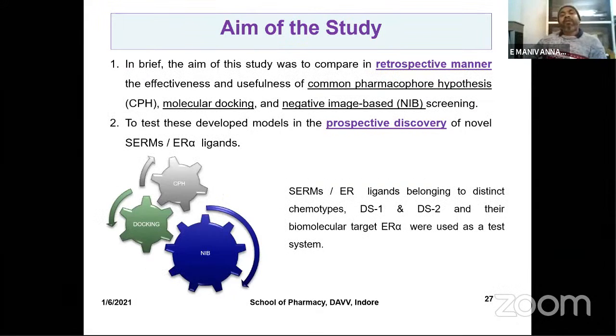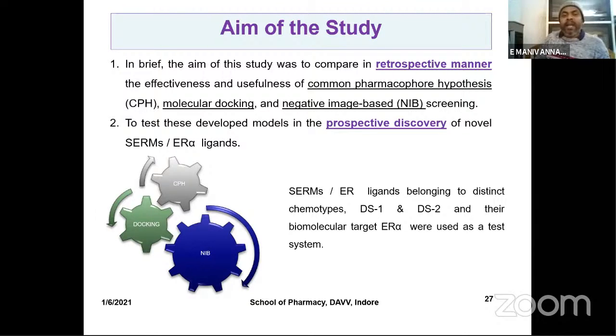The aim of our study is, first, to compare in a retrospective manner the effectiveness and usefulness of common pharmacophore hypothesis, molecular docking, and negative image-based screening. The second aim is to test these developed models in prospective discovery of novel selective estrogen receptor modulators or estrogen receptor alpha ligands. Okay, this is our aim.